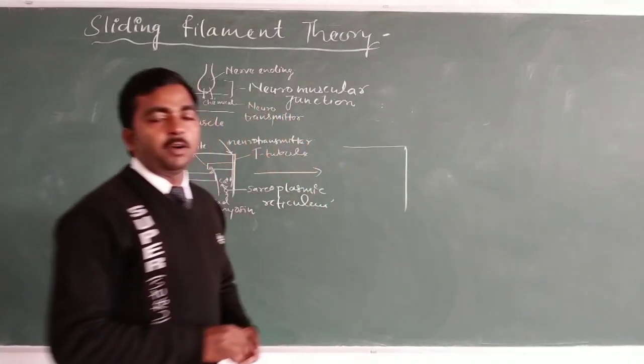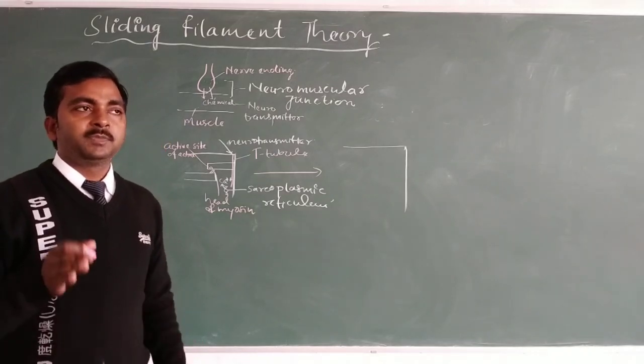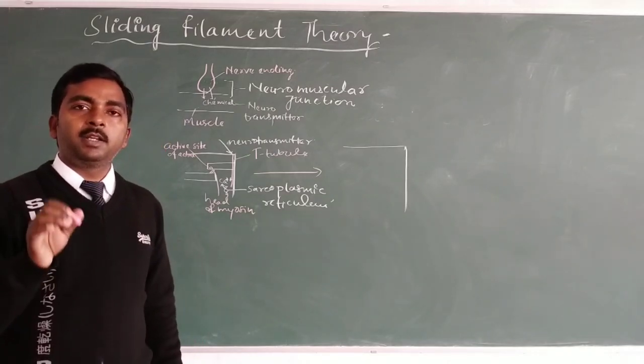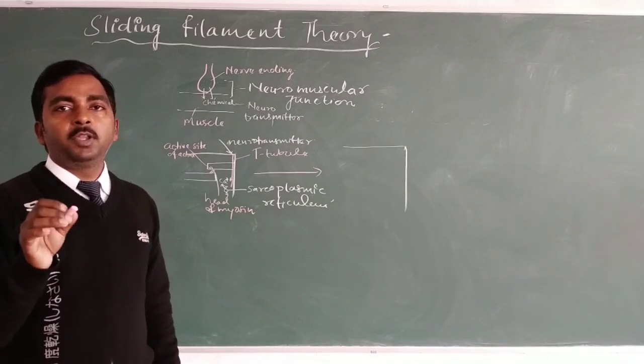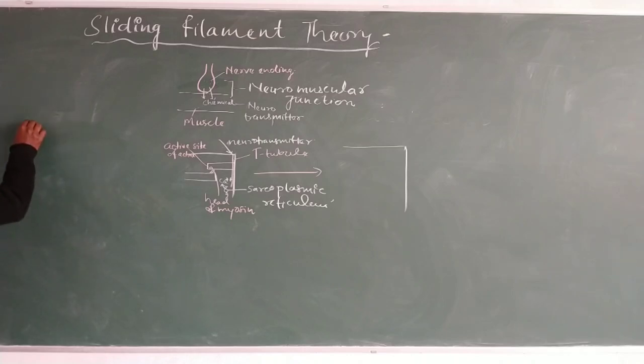The active site of the actin filament, in the resting stage, is covered or blocked by troponin and tropomyosin, as we have discussed in the previous video lecture.